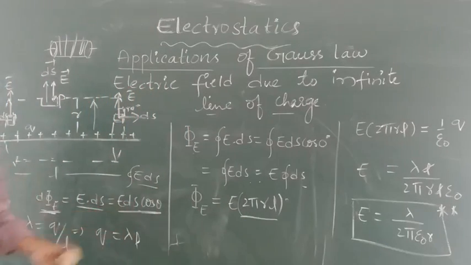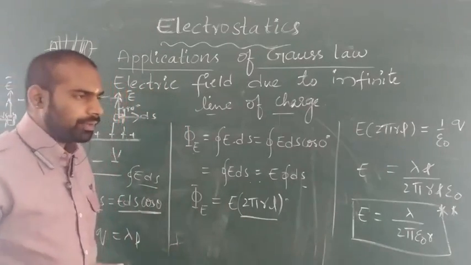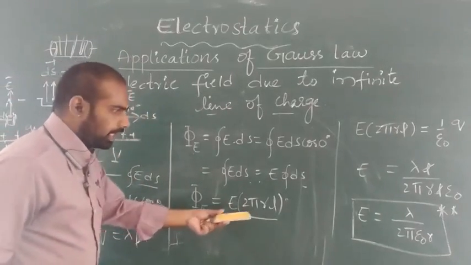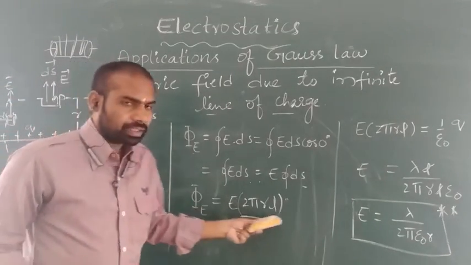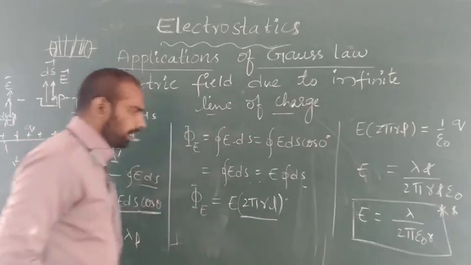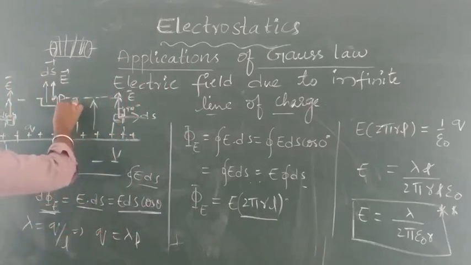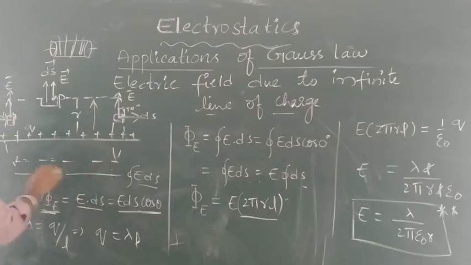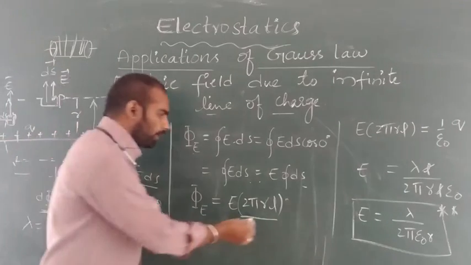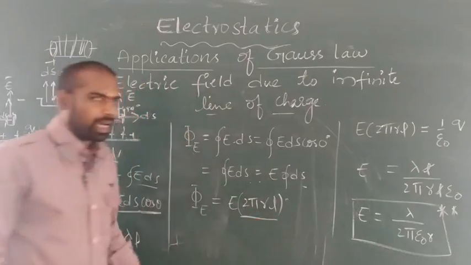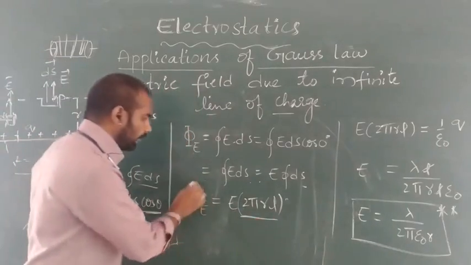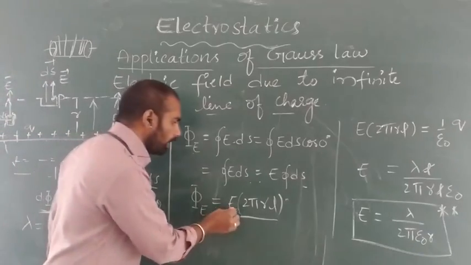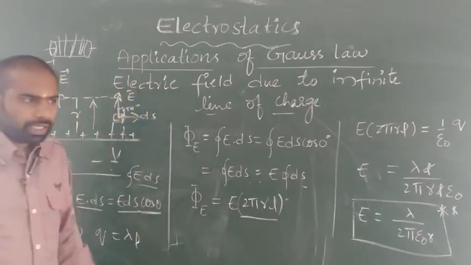In the previous class, when we discussed the electric field due to a uniformly charged cylinder, we saw that the curved surface area of the cylinder is 2 pi rl, where r is the radius of the cylinder and l is the length of the cylinder. So the entire flux passing through the curved surface area is how much? E into 2 pi rl. This is the flux.